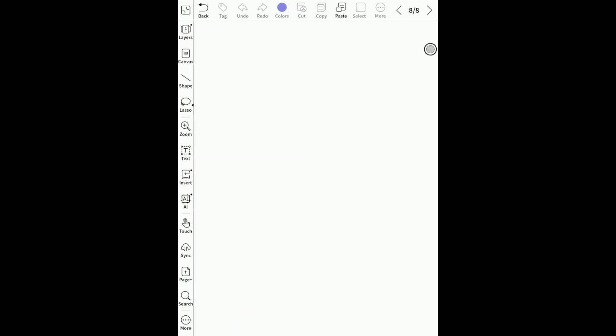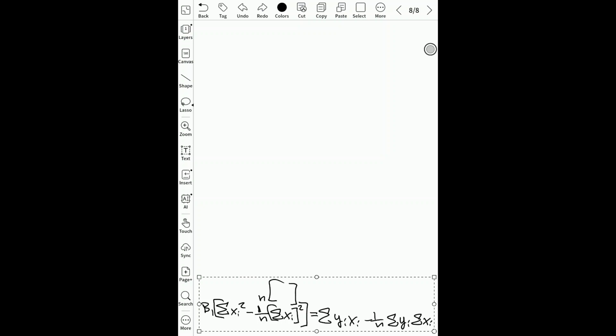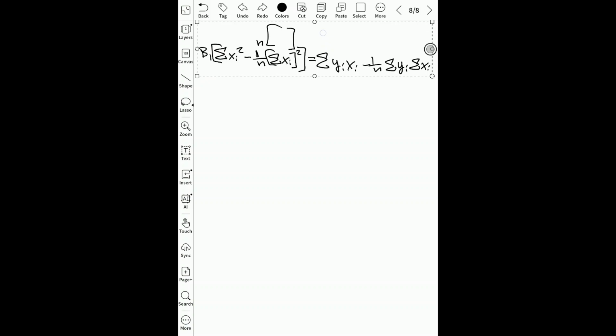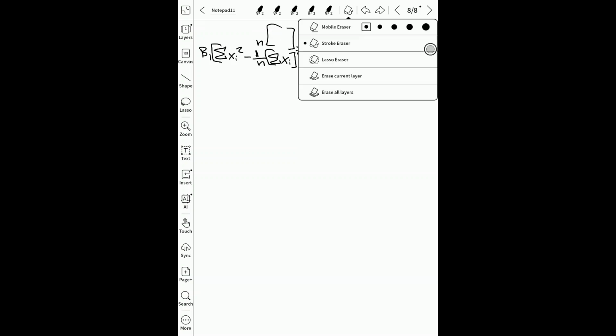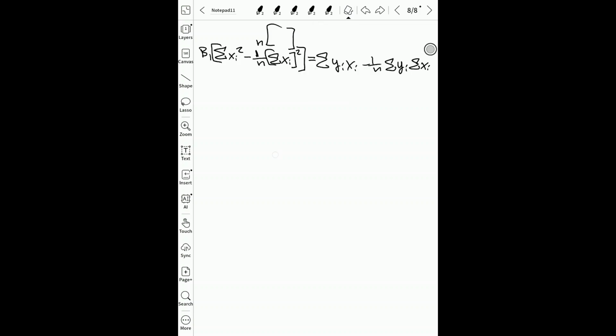Apparently it wants to bring both these equations, but that's fine. That won't hurt anybody. Oh, that did better than I thought it was going to do. And we'll erase that extraneous bit up there. Okay, so that's what we wanted, which is excellent. So now we can continue.